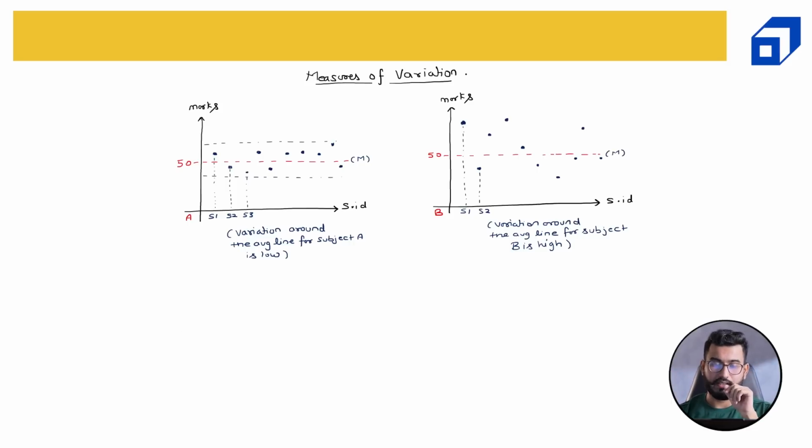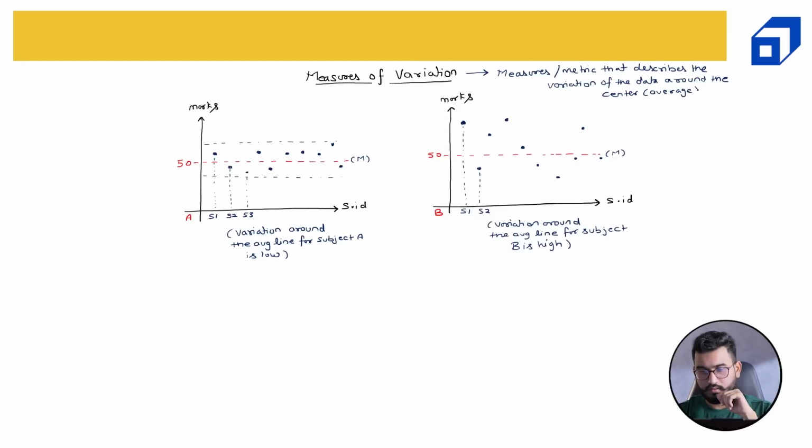So measures of variation are those metrics that describe the variation of the data around the center of the data, the center or the average.